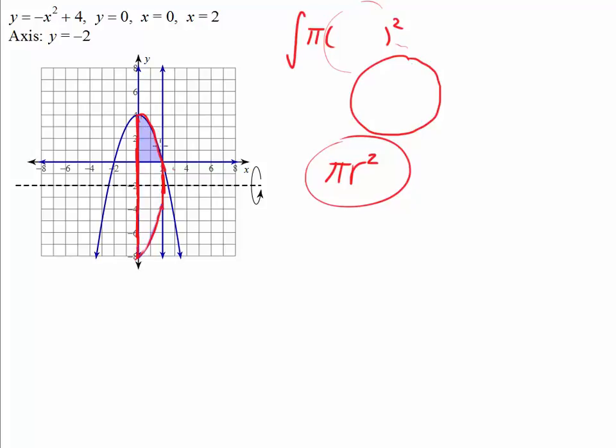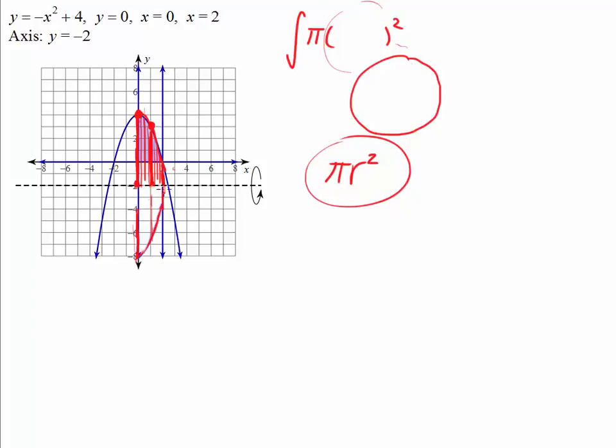The radius of this point right here, as it gets rotated around, creates this slice, and the radius is that amount right there. This point up here creates that slice, and that's the radius right there. So these radiuses are different sizes. The further I go in that direction, the smaller my circles get, the smaller my radius gets. So my radius is changing.